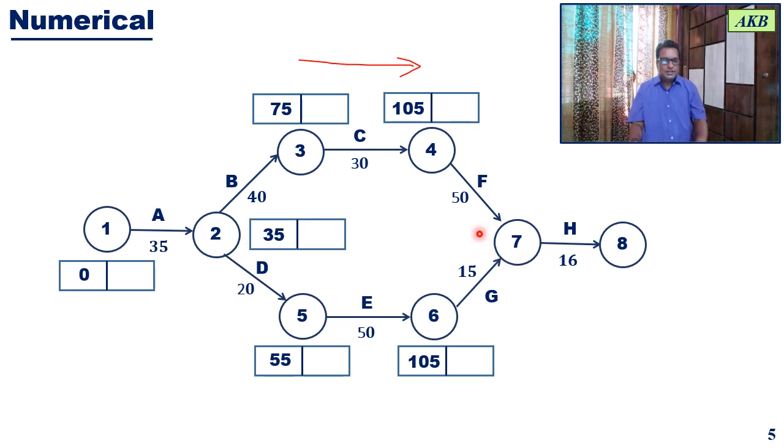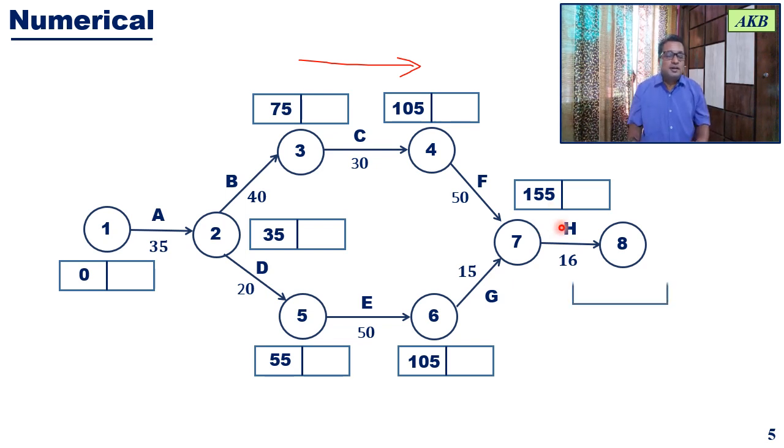In this particular case, from event 4 to event 7, we are getting the earliest event time as 155, 105 plus 50, that is the maximum. Here you are getting 120, so we choose the maximum value. Therefore, for event 7, the earliest event time will be 155. Out of 155 and 120, we have chosen the maximum value, and the maximum value is 155.